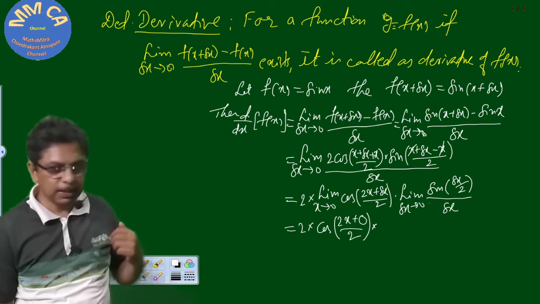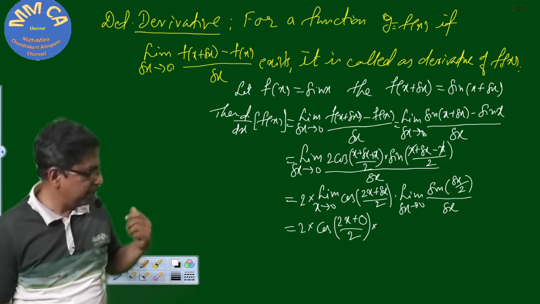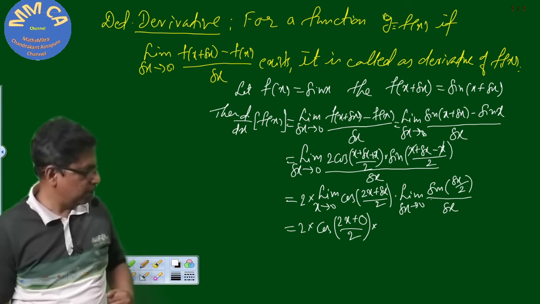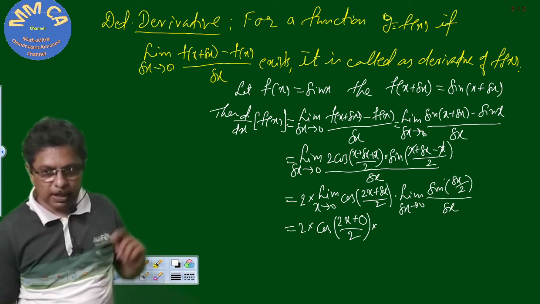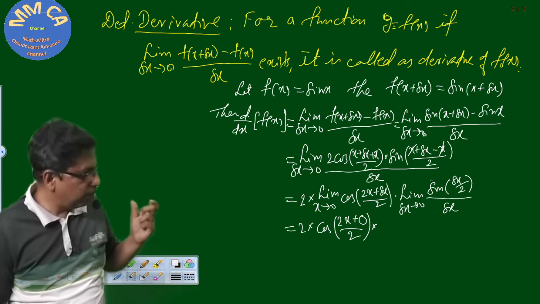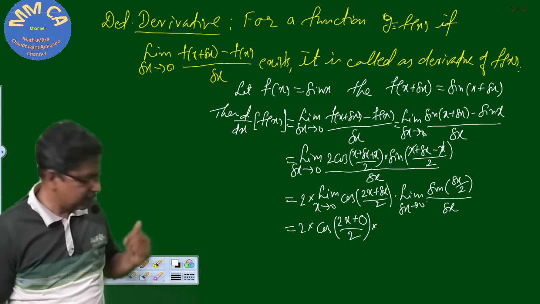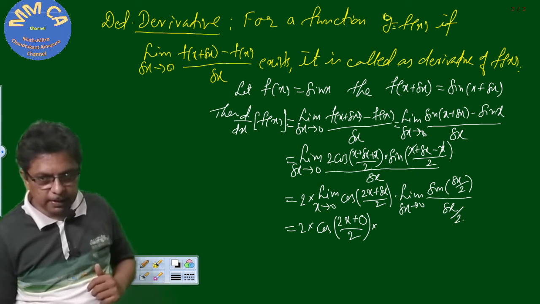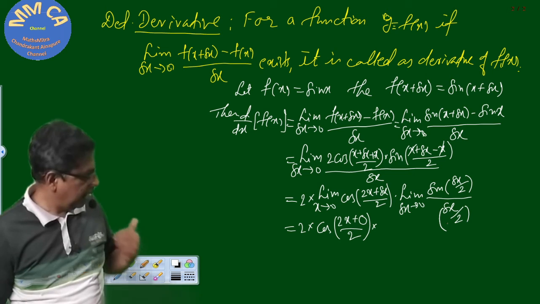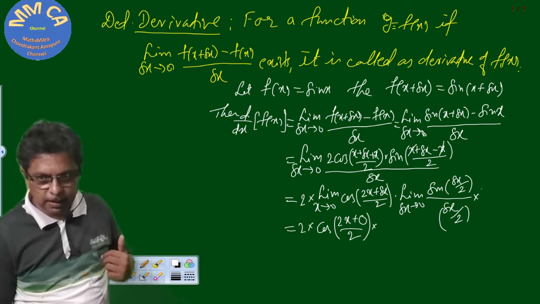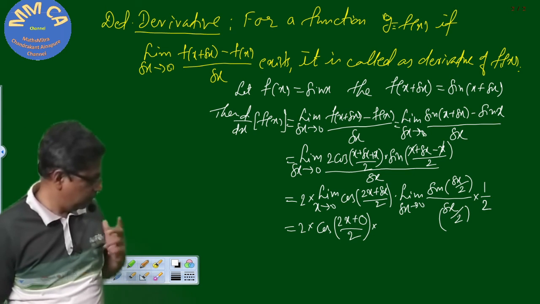What happens by the direct method? The numerator becomes 0 and the denominator becomes 0, so it is in the 0 by 0 form. And if we remember the formula, the term inside the sine, delta x divided by 2, the same term should be in the denominator. We have delta x there, so we have to divide the denominator by 2, and as we have divided, we have to multiply by 2.